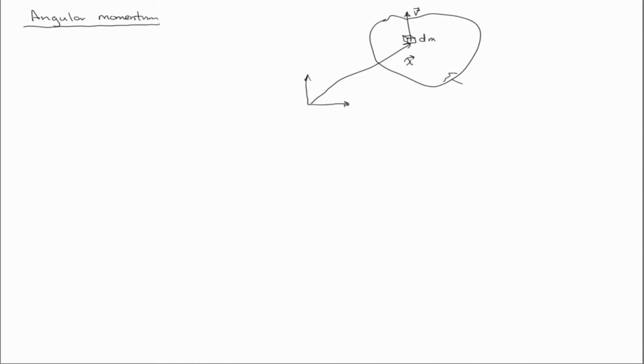And you could potentially have some surface tractions. Okay, so in angular momentum, it's stated in words, the rate of change of angular momentum is equal to the moments applied, right? And so what's the angular momentum of this differential mass?